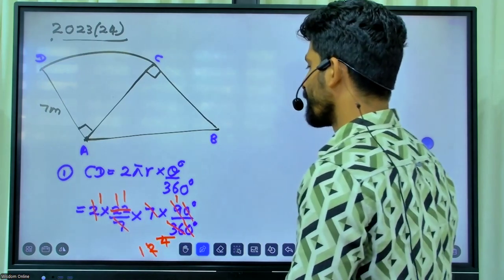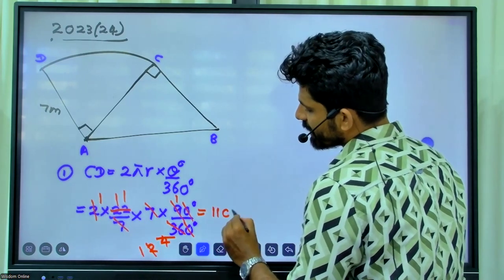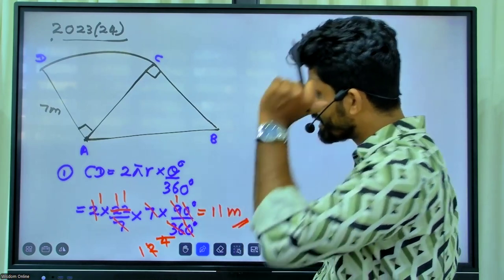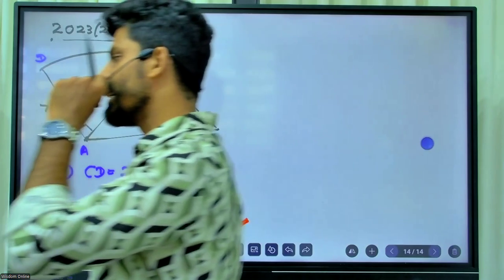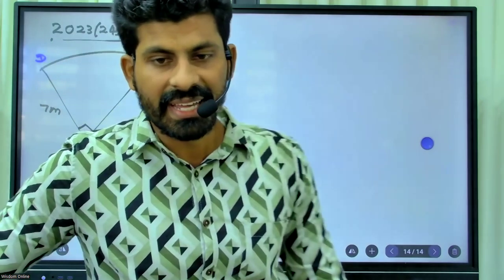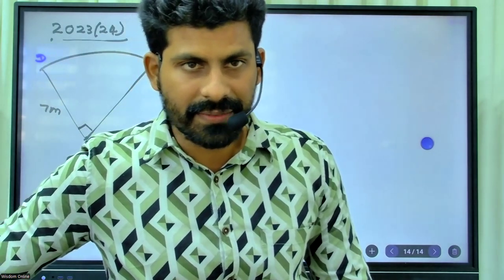And 11. So 11 meters is the length of CD. 11 meters is the length of the fence, right?